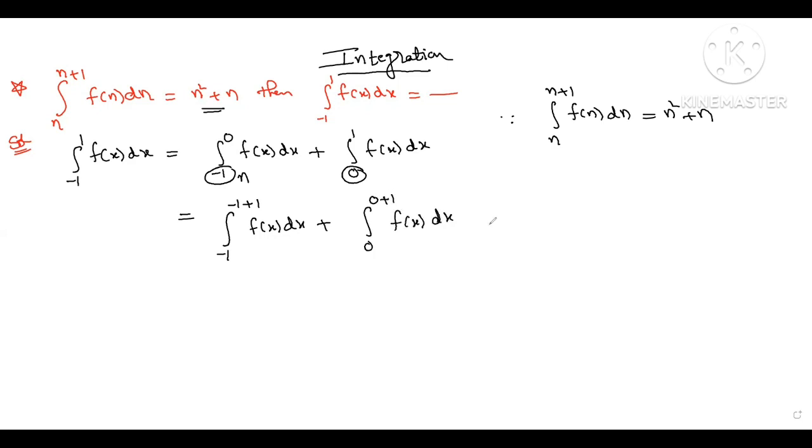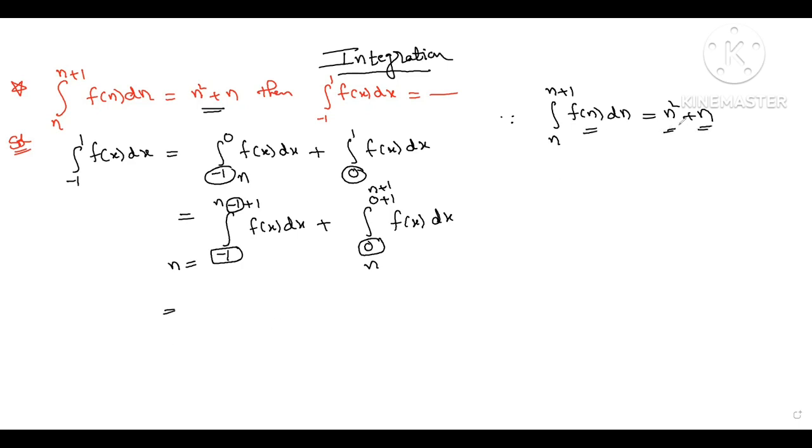So according to the condition, in the first integral, what is the value of n? Minus 1. This is n plus 1. In the second integral, what is the value of n? 0. Here the upper limit is n plus 1. So what is the given condition? The integral n to n plus 1 of f of x dx is n square plus n.